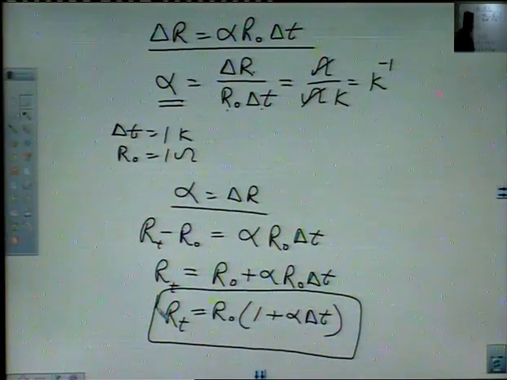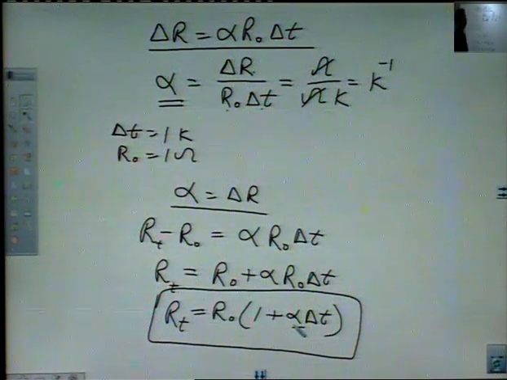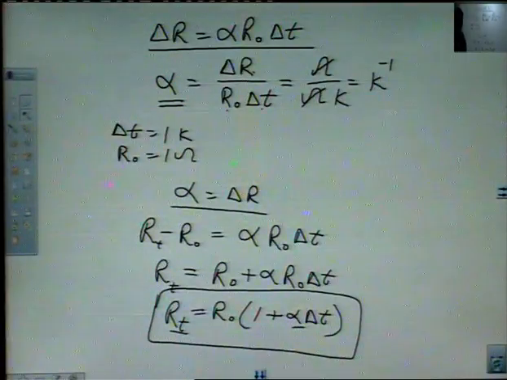So, knowing the temperature coefficient, which is constant for a particular material, you can find out what will be the new resistance at the changed temperature of the substance. So, this is how resistance depends upon temperature of the material.